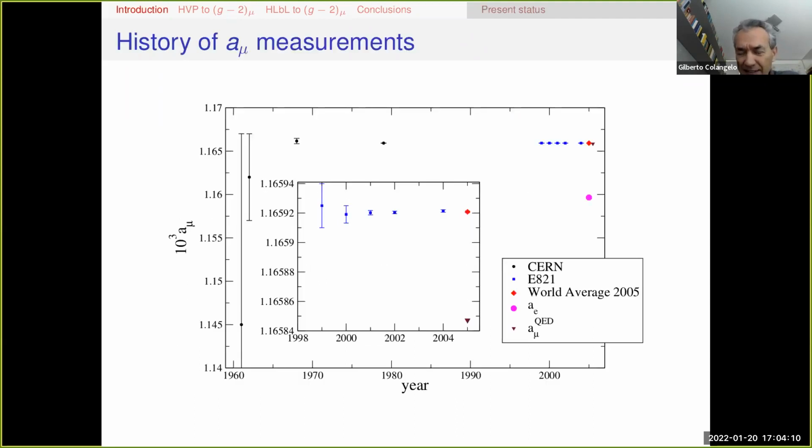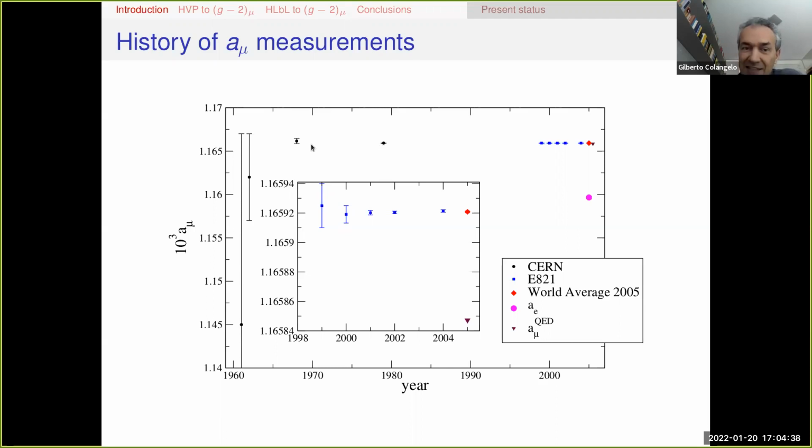So let's start with this plot, which shows the history of G-2 measurements. They started in the 60s. You see the huge error compared to later ones. This was the CERN experiment, which lasted about 20 years and reached a very good precision.